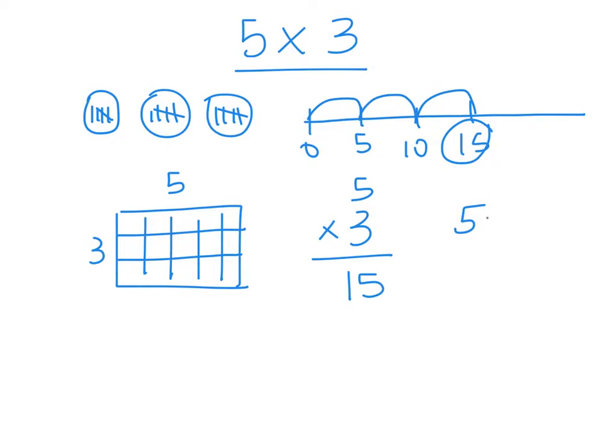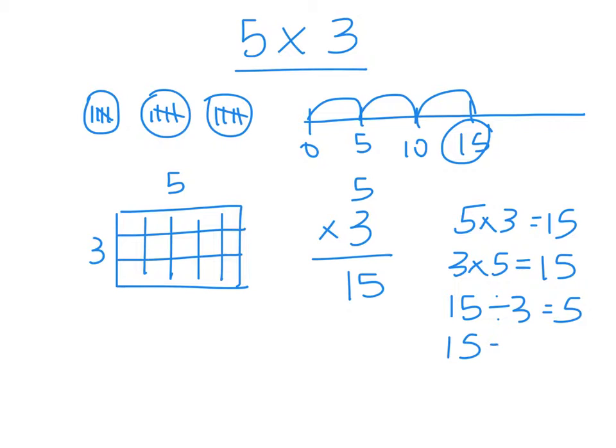We could say 5 times 3 is 15, 3 times 5 is 15. And then I could do the opposite operation: 15 divided by 3 equals 5, and 15 divided by 5 equals 3. Now in these examples, I'm using 2 whole numbers, but we can use all of these same models looking at decimals as well.